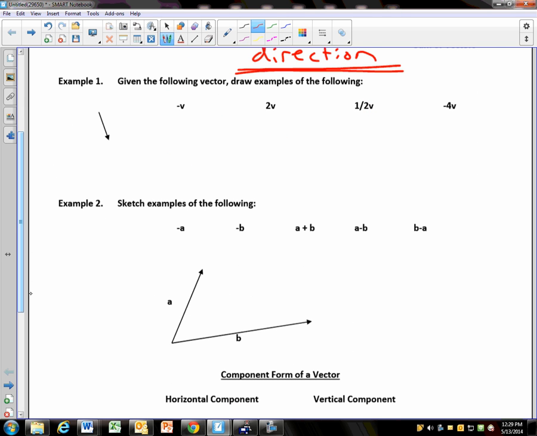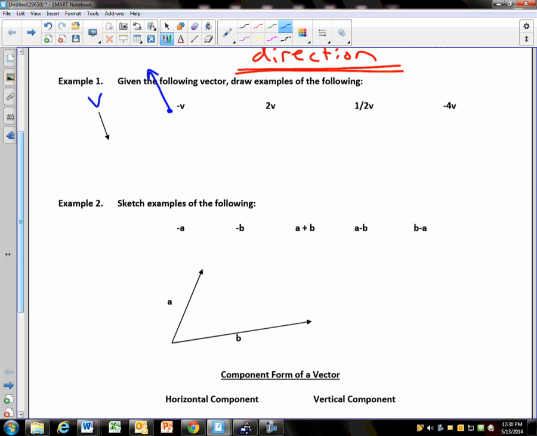All right. So given the following vector, draw examples of the other ones. So if that's vector v, what do you think negative v looks like? Opposite direction. So we could say start right there, and then we would go same length, but in the opposite direction. Do that to the best of my ability. You could start it down further if you want to. That would be fine.